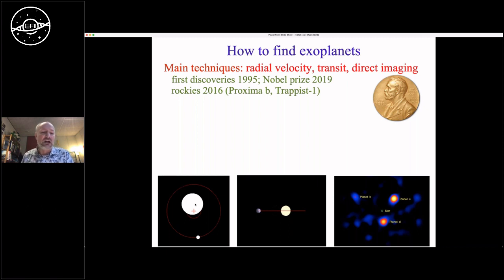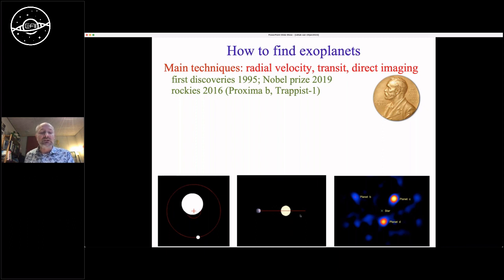These motions are small, but with a modern good telescope, we can see them, in particular if the motion is towards us or away from us, leading to a redshift or blue shift of the light. This is historically how the first exoplanets were found in the middle of the 1990s, and this led to the Nobel Prize in Physics 2019.